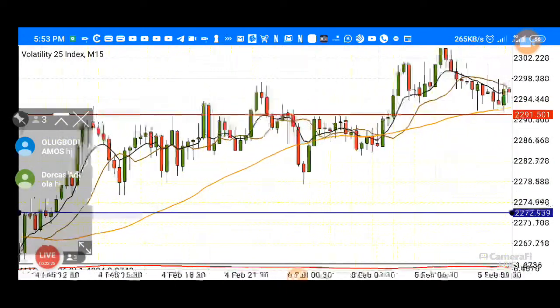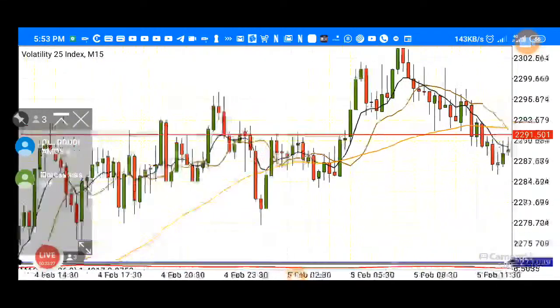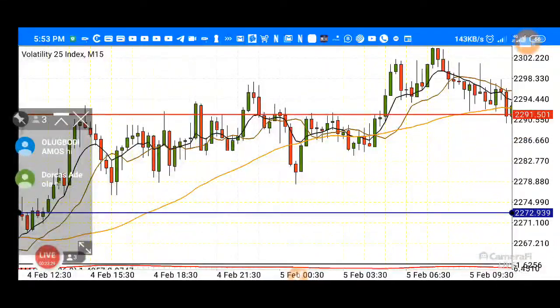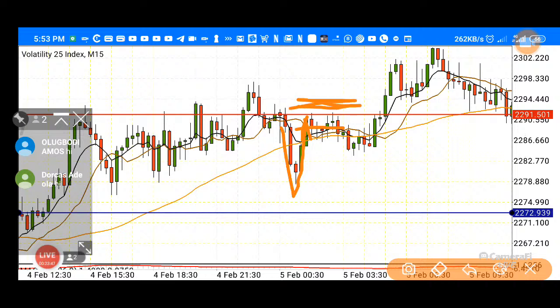Let's check for another one. Okay, we have another one here. The market came down, went up again and bounced. So if you sold it here, remember, you place your stop loss above here.